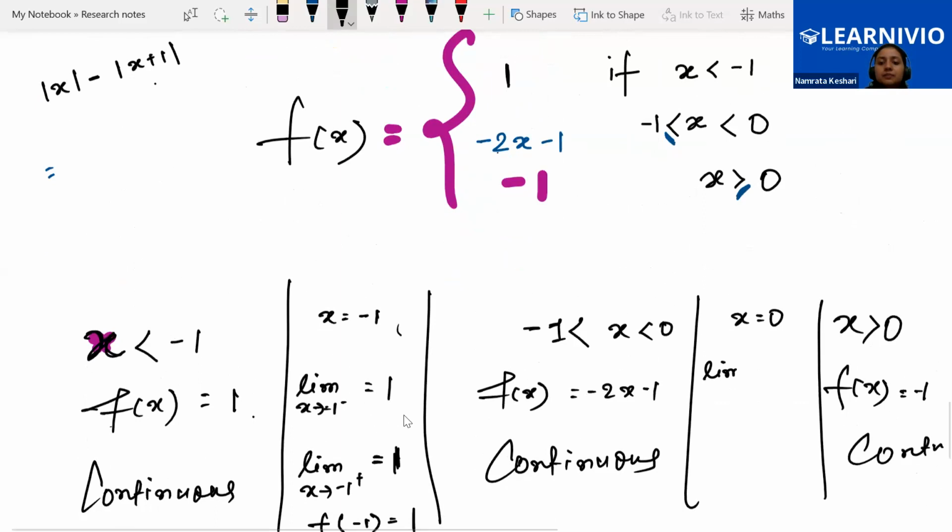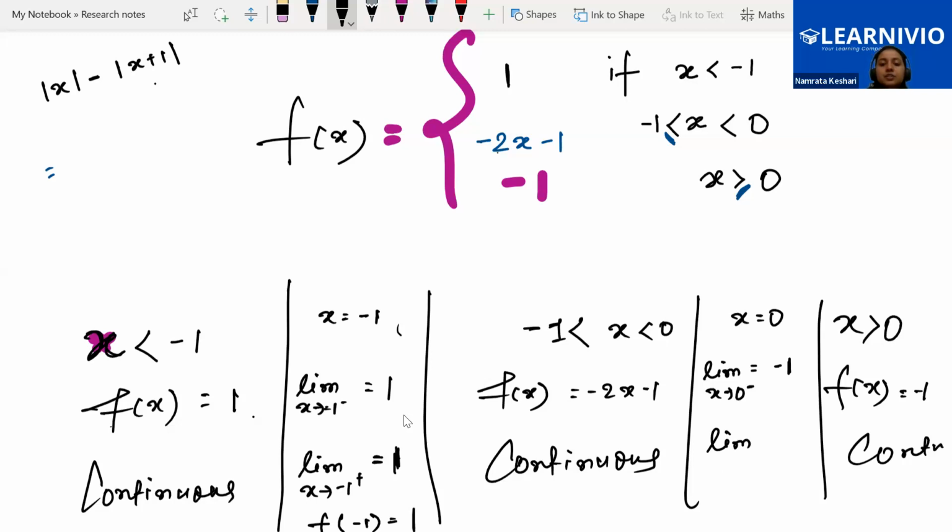Left hand limit. Here the main thing is just defining this part. If you are clear with that, then you will be able to do the limit, right, Fatima? Yes. Towards the left of 0 it will be 2 into 0 minus 1, just negative 1 is the result, right? Yes.